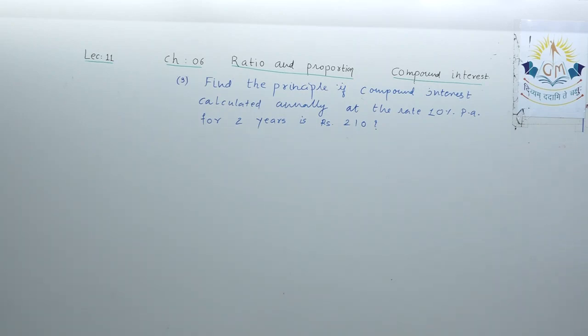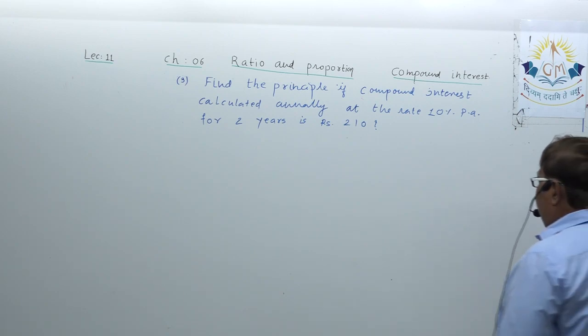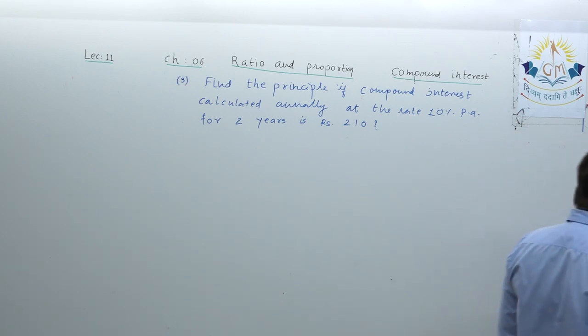Just look at the data you are already given: compound interest, you are given rate 10% per annum, and for 2 years the interest is given 210 rupees. Just look at the sum and try this out.